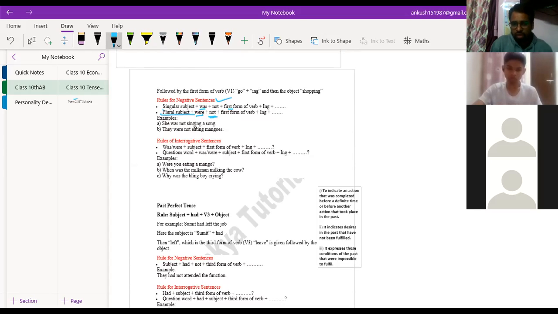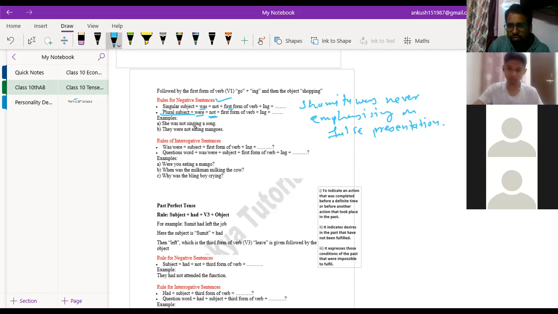For example, Samita was never emphasizing on false presentations.